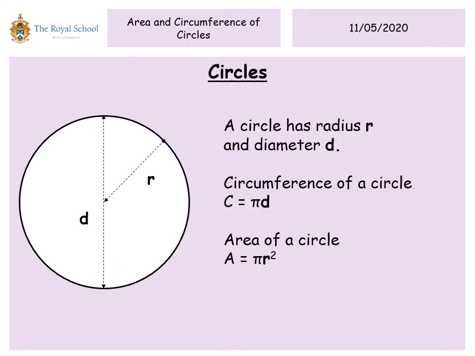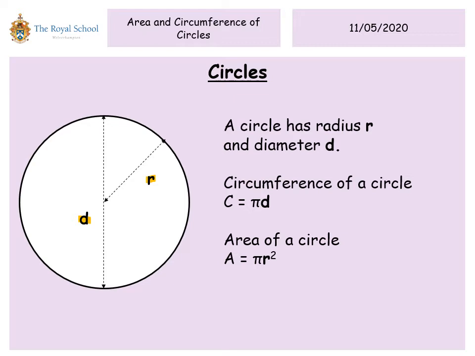So we should know our 2 different measurements of the circle. We've mentioned already, we've got r for the radius, a line from the centre to the circumference, and then we've got our circumference of a circle, which is the perimeter of a circle, the distance around the outside, is pi times diameter. D for diameter being a line through the centre, but from one edge to the other, from one point on the circumference to another through the centre.